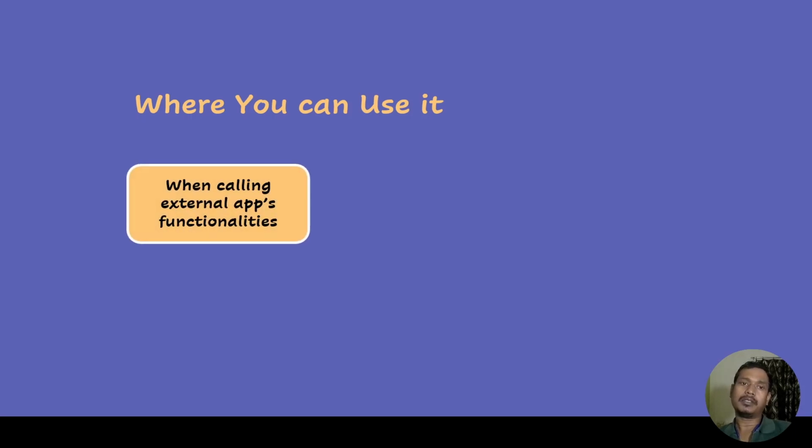First, when you are calling an external app's functionalities, the way I told, suppose you want to call some functionalities of Gmail, or some functionalities of GitHub, right? You want to connect GitHub APIs to merge code or push code, get your code files and review them at your end or in your app. So when you are calling external APIs, it is better to call their MCP servers.